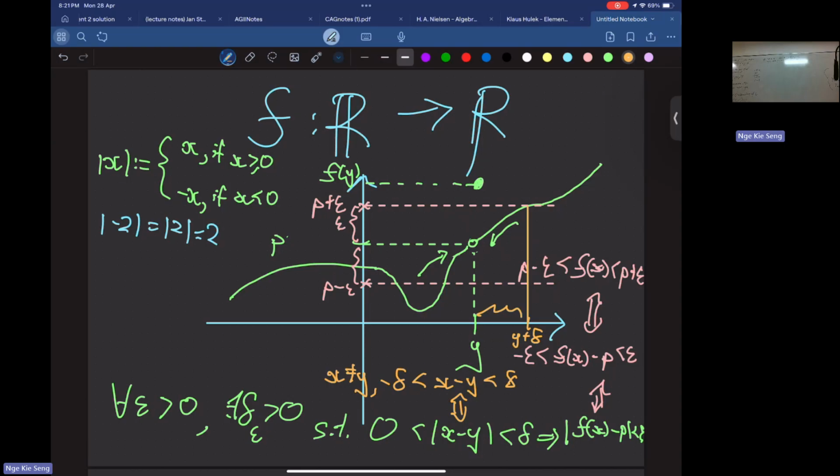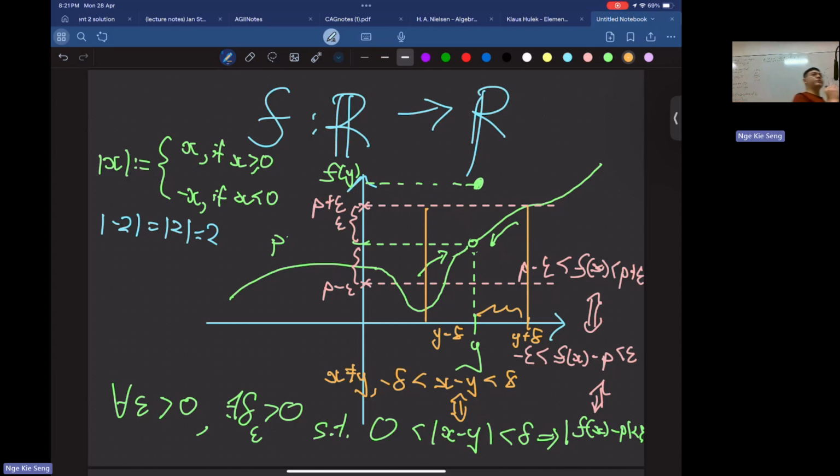When you consider positive delta, y plus delta, on the other side you need to consider y minus delta. So it should be symmetric, around here. Can I pick this as my delta or not?